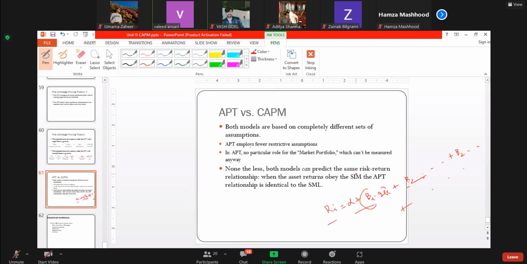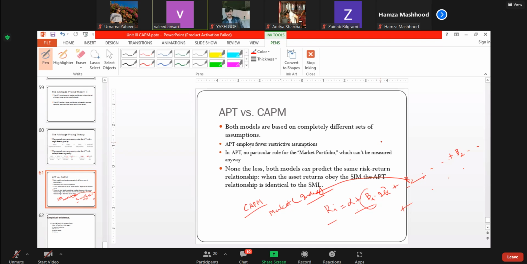The difference between this model and CAPM is that CAPM says the risk of a security is determined by the market, and the market is proxied by some index. Some people say that all these factors collapse into the index, because when the index fluctuates, it captures the effect of all these factors, which may result from inflation and other things, because stock market may reflect all the factors.